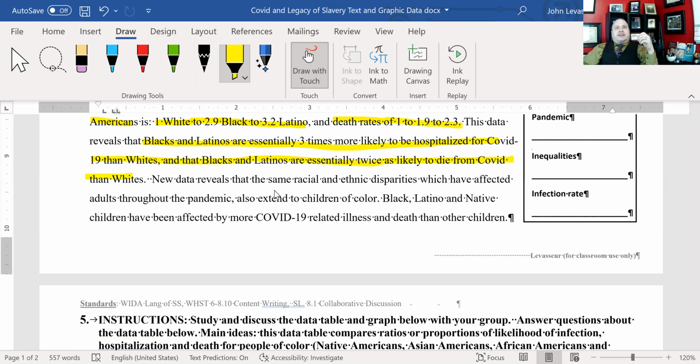New data reveals that the same racial and ethnic disparities which have affected adults throughout the pandemic also extend to children of color. Black, Latino, and Native children have been affected by more COVID-19 related illness and death than other children.